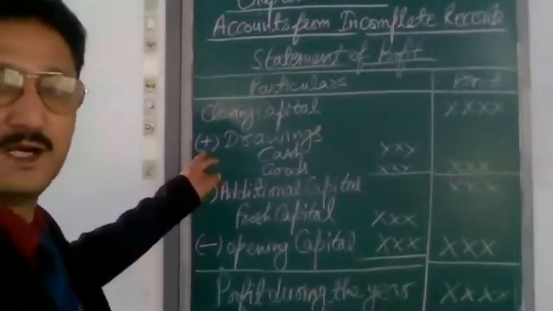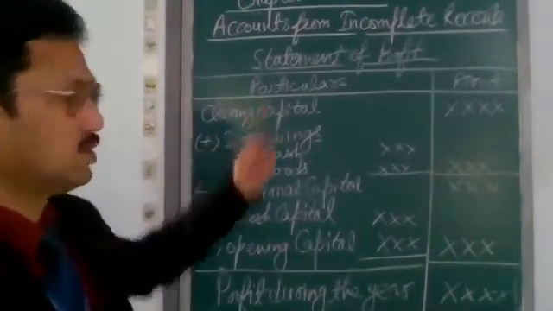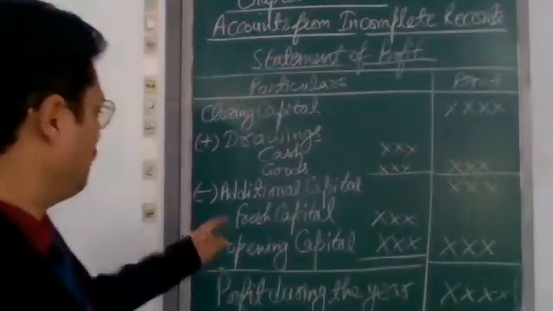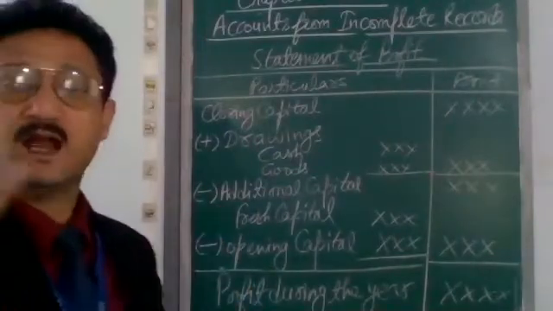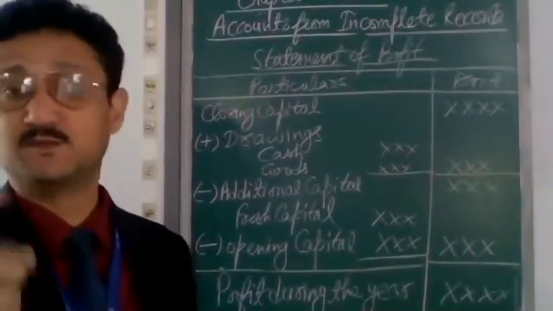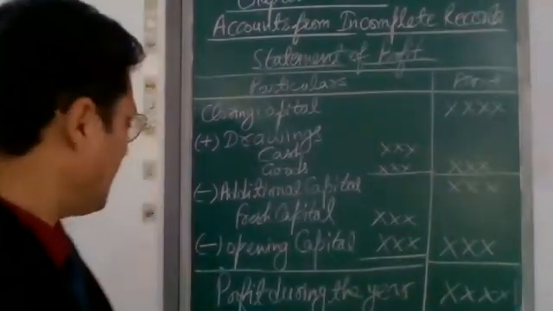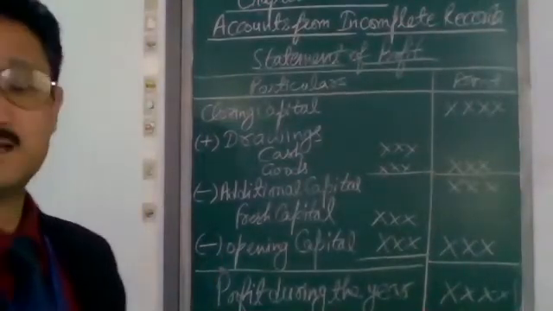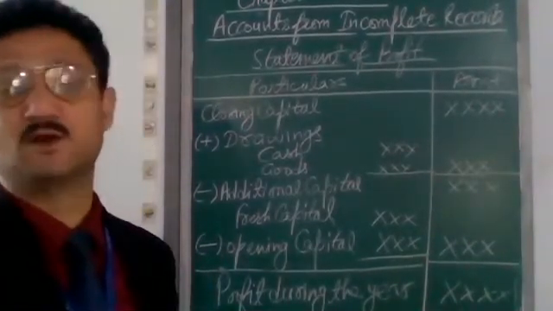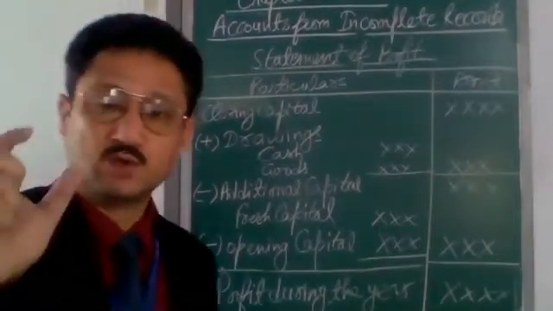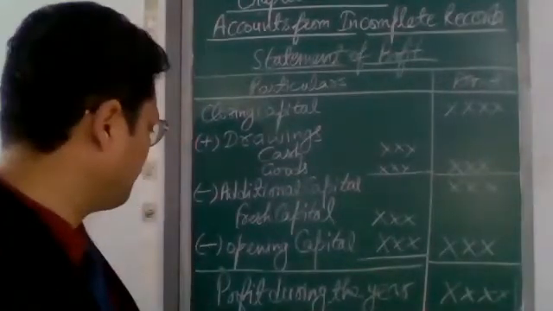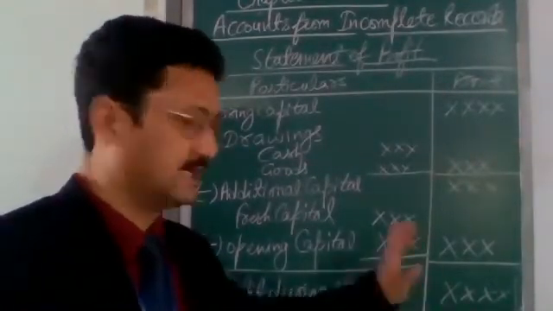We will add drawing in the closing capital. We will subtract additional capital which was earlier added to the opening capital, and lastly we will subtract the opening capital also from the closing capital to arrive at the profit made during the year.